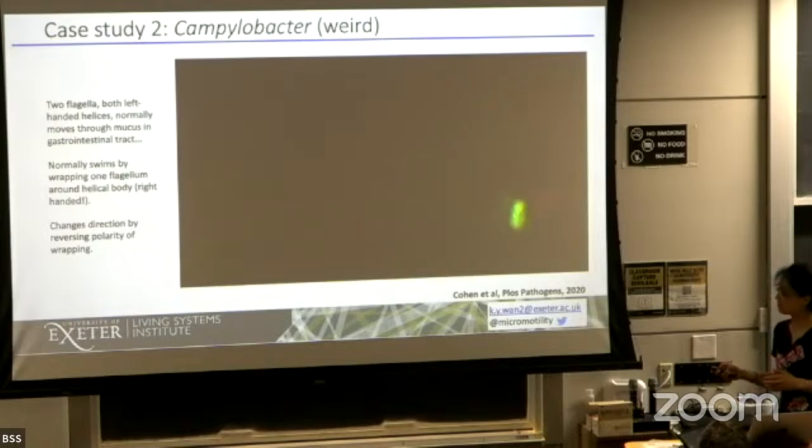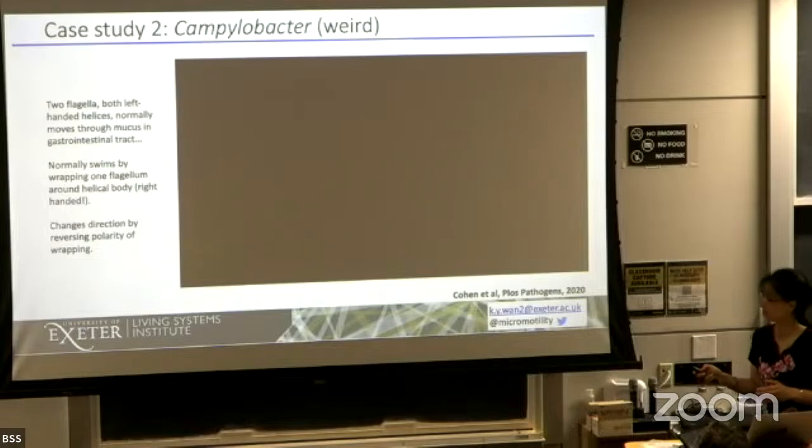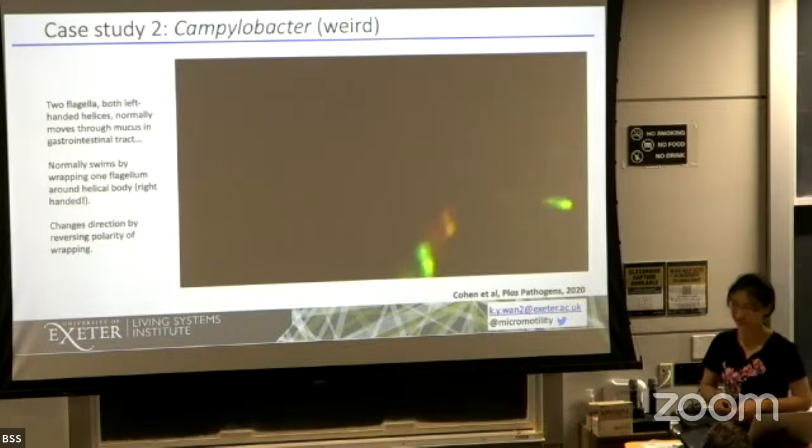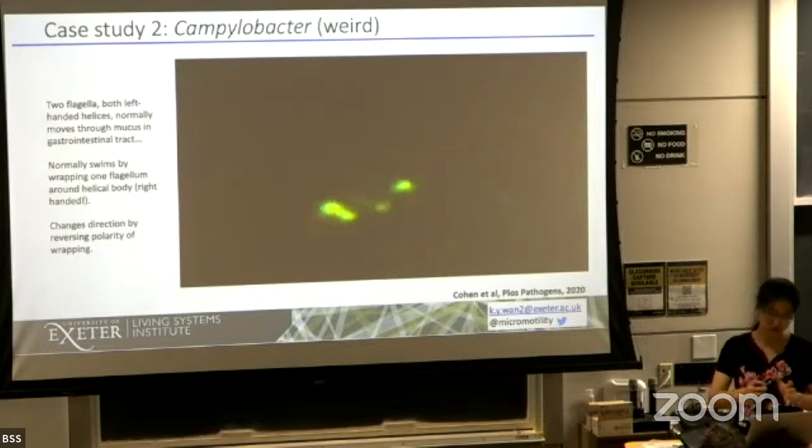And then whenever it needs to change direction, the other flagellum that's not currently used for propulsion starts to reorient. And then you can see that this somehow probably dynamic instability then drives this new configuration.